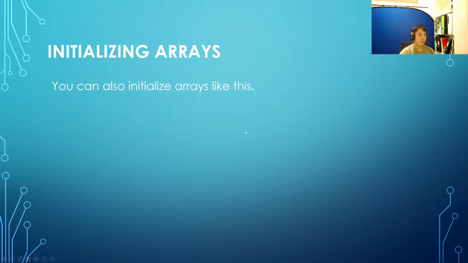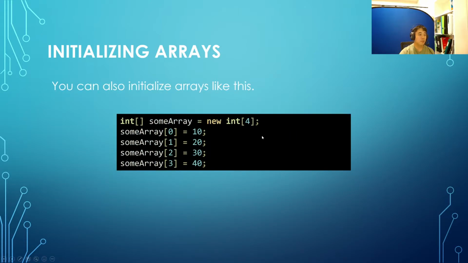Another thing is you can also initialize arrays looking like this. You can actually initialize an array with the new int array thing as long as you mention the size. Once you have initialized your array like this using the new method, you have to allocate each element by yourself.